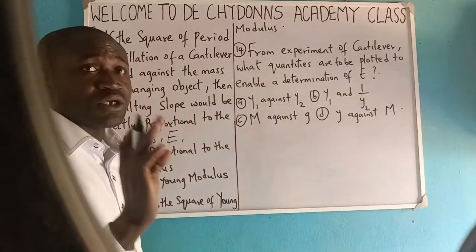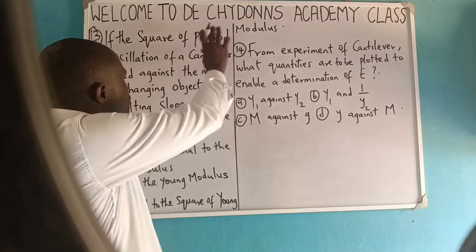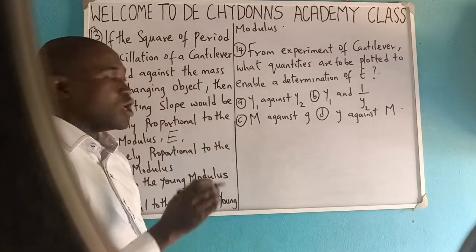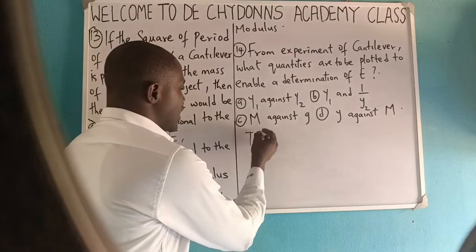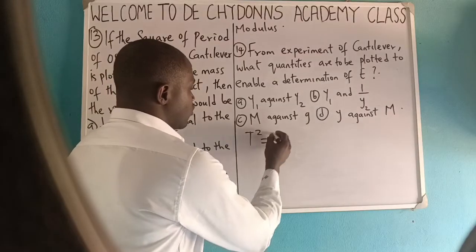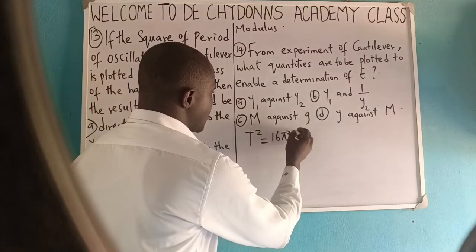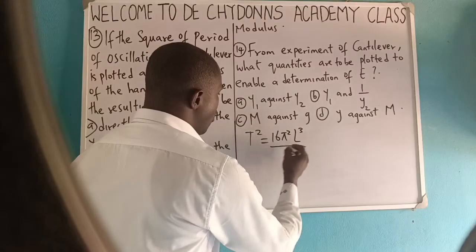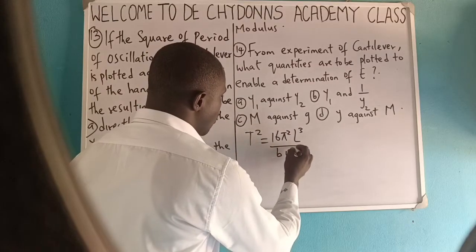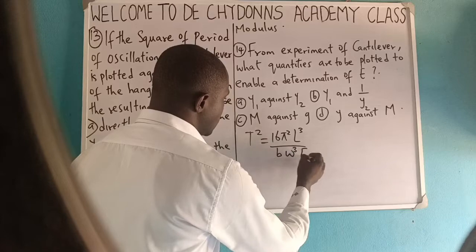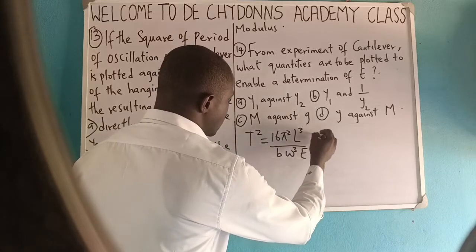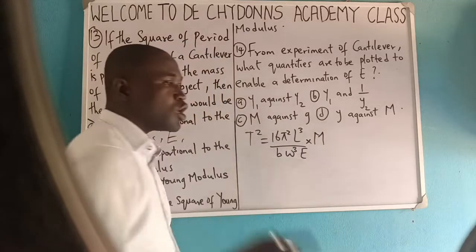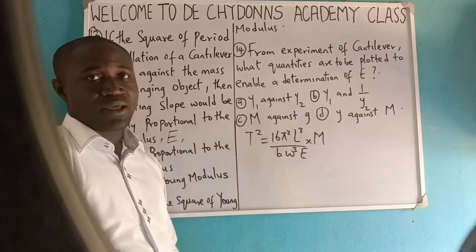What is the relationship between the square of the period and the mass? You still remember the formula: T squared equals 16 pi squared L cubed all over b w cubed E times M.